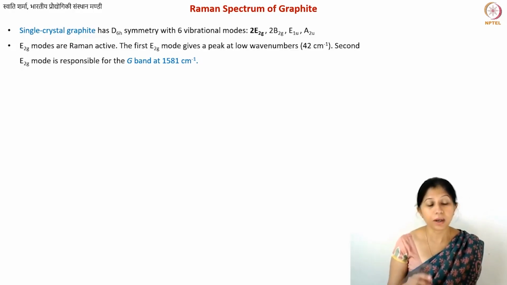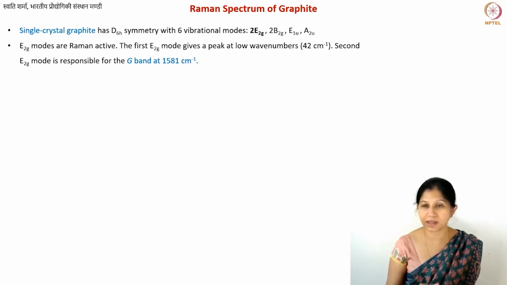Okay, so now the first E2G mode also gives you some spectrum, but that is at very, very low wave numbers, 42 or something. This is very low, and we typically don't see it in a Raman spectrum.